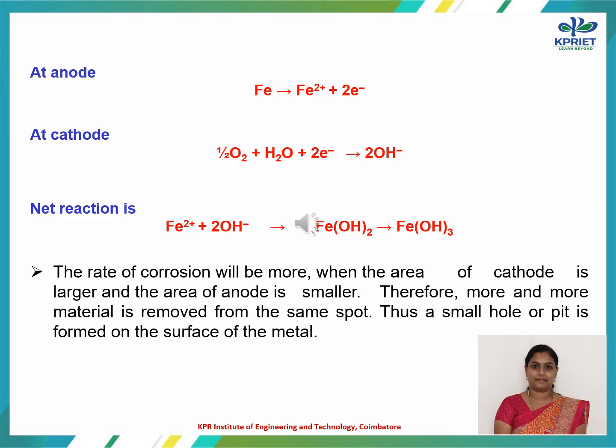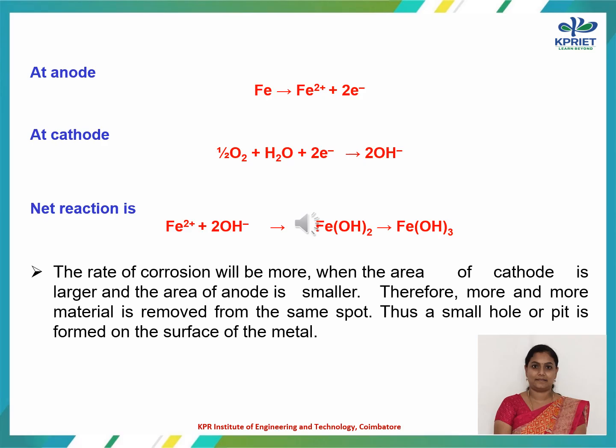The mechanism of pitting corrosion is similar to that of differential aeration corrosion, where at the anode the metal undergoes oxidation, which releases electrons and forms metallic oxides, whereas at the cathode oxygen absorbs the electrons in the presence of moisture to form hydroxyl ions.